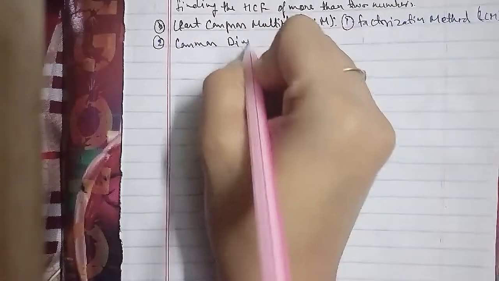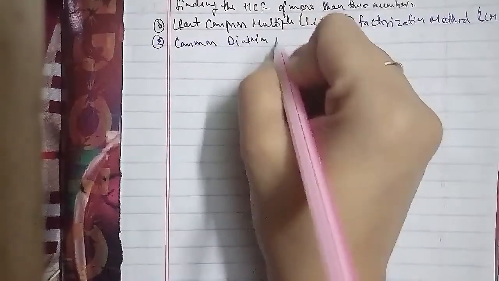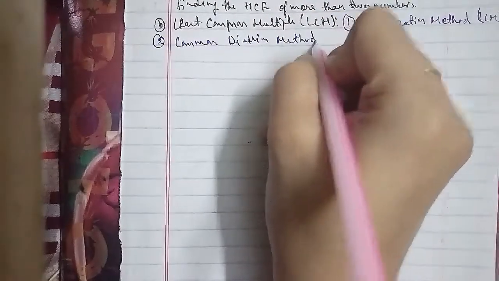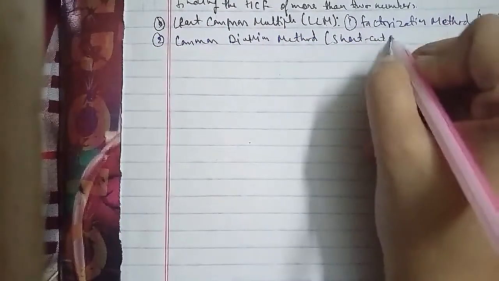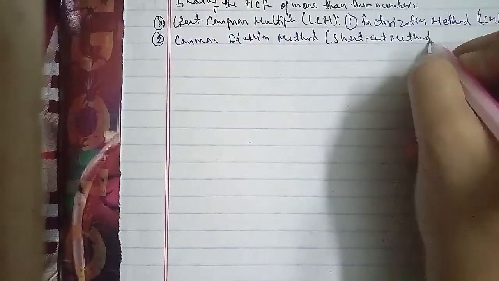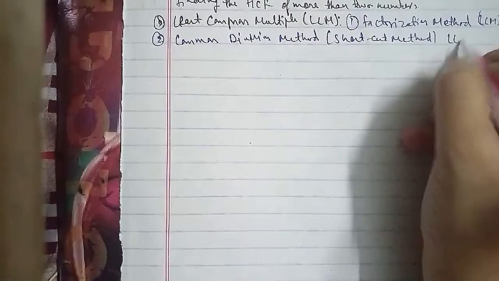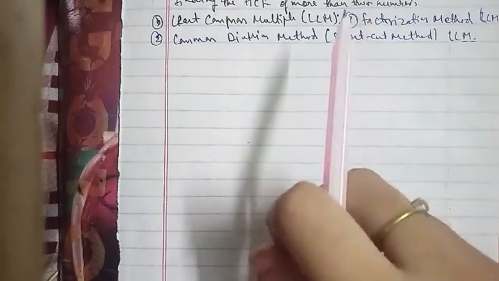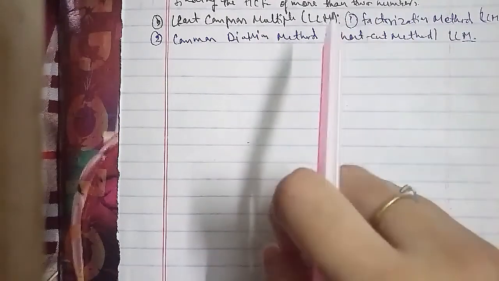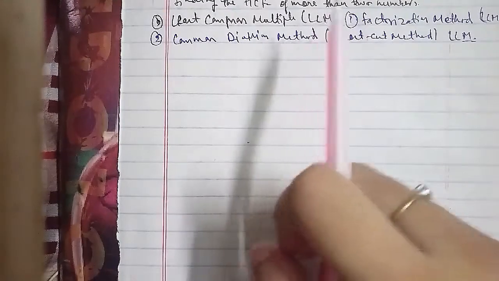Here, arrange the given numbers in a row in any order and divide by a number which divides exactly at least two of the given numbers, and carry forward the numbers which are not divisible. Repeat the above process till no two of the numbers are divisible by the same number except one. The product of the divisors and the undivided numbers is the required LCM of the given numbers.